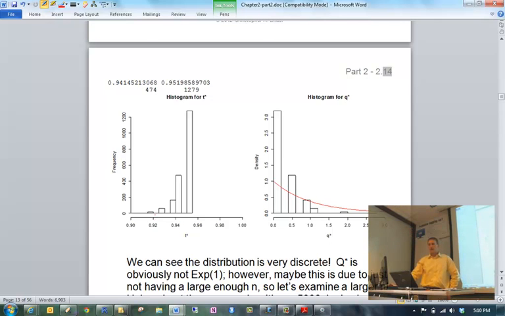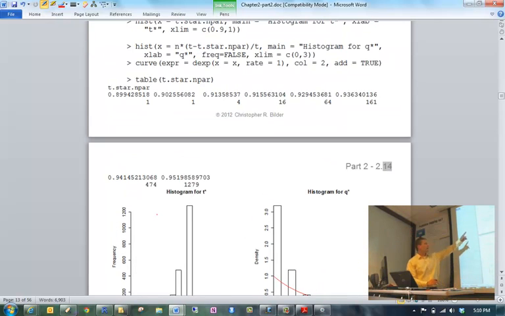And let's take a look at, I use the table function here to show you what all the T stars are. Of the 2,000 times that I took a resample, my T star was 0.9519, which is the original value of y sub n, 1,279 times.